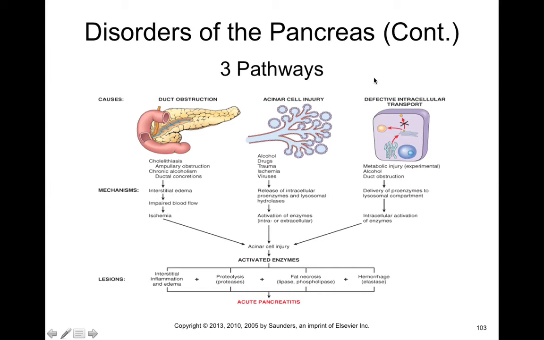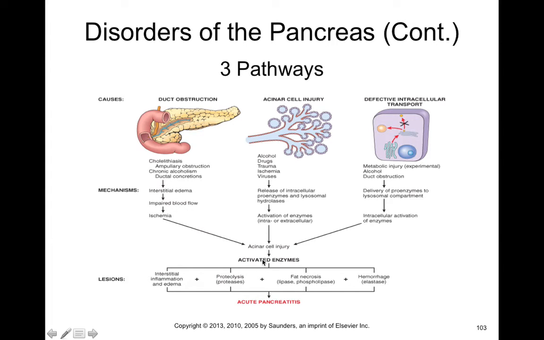Or it can come from disorders of intracellular transport, where due to metabolic injury, alcohol, or duct obstruction, some of these enzymes may not be transported properly from within cells, causing intracellular activation of enzymes, which can lead to the release of activated enzymes. And you see that with all three pathways, they all lead to the release of activated enzymes. And so why is this important?